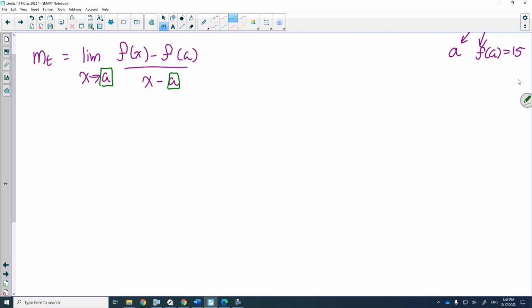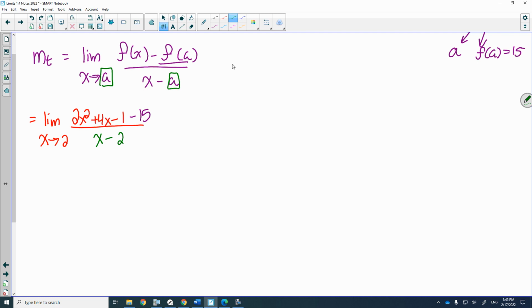So we could then say that is equal to the limit as x approaches 2 of f of x, which was 2x squared plus 4x minus 1, minus f of a. F of a was 15. And that's all going to be over x minus a, which is x minus 2.